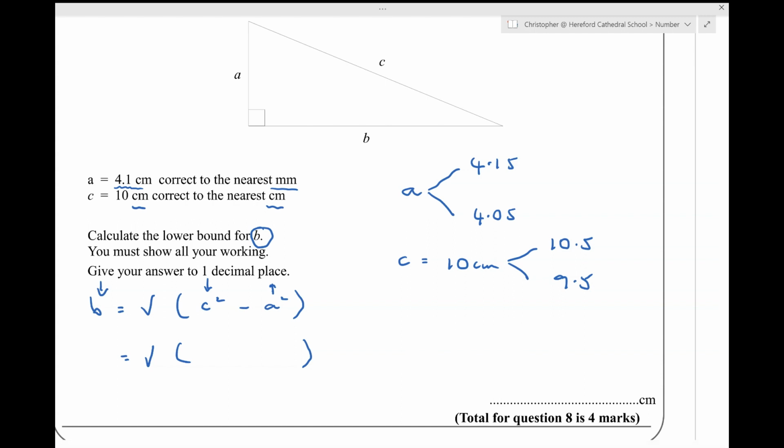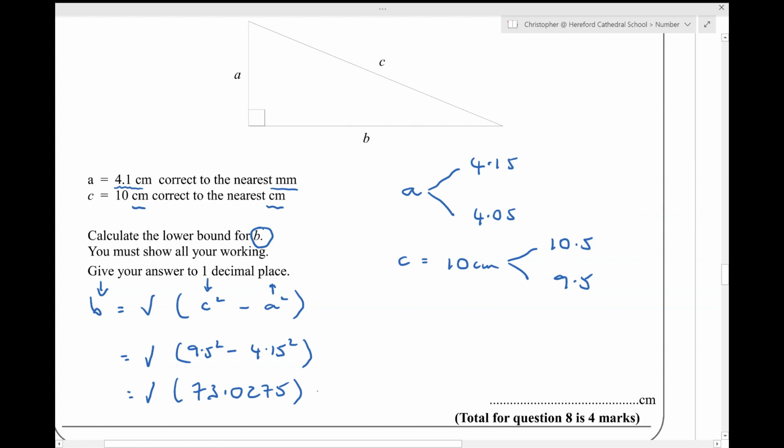So the lowest possible C squared, 9.5 squared, minus the highest possible A squared, 4.15 squared. So this is what we need to be working out. 9.5 squared minus 4.15 squared. That gives me the square root of 73.0275.